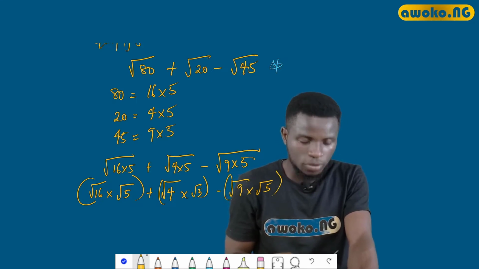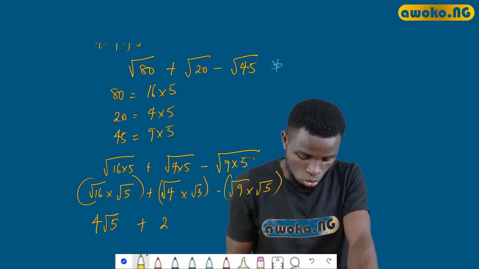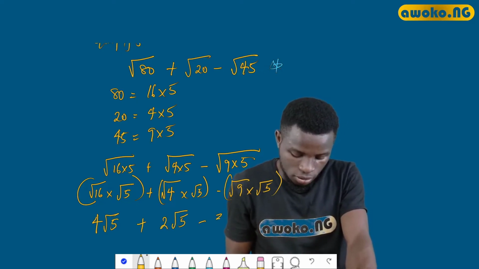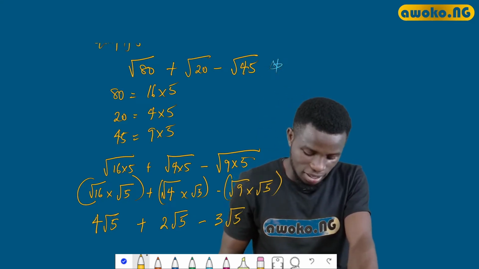So the square root of 16 is 4. We have 4 root 5 plus 2 root 5 minus 3 root 5. So what next? The next thing is to check.